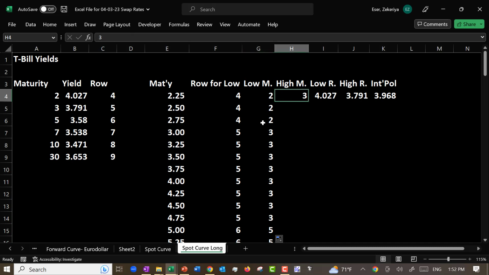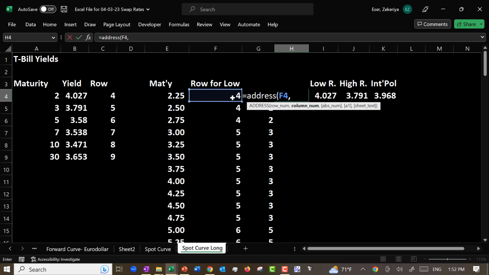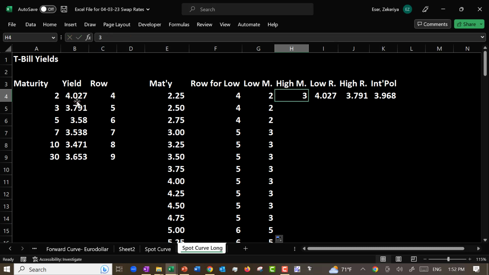So I'm gonna do the same thing for these. I want the number in the fourth row, but second, let me see. I'm sorry, that's high maturity.